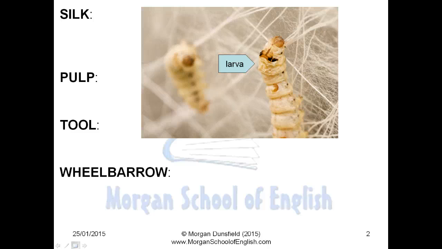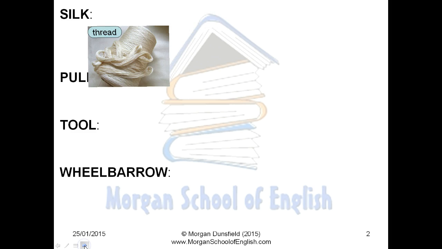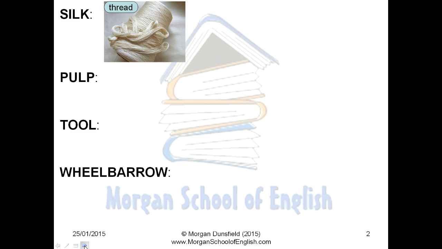It's a larva, which is a little worm before it becomes an insect, that makes this type of fiber. Then we turn it into thread. Right here you see the silk thread, and this is a spool.